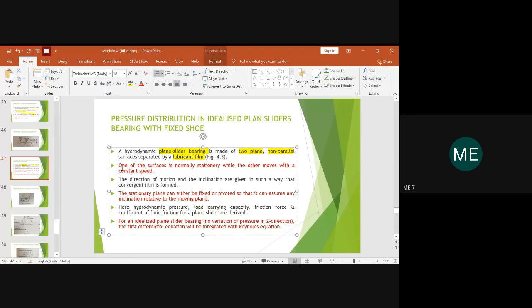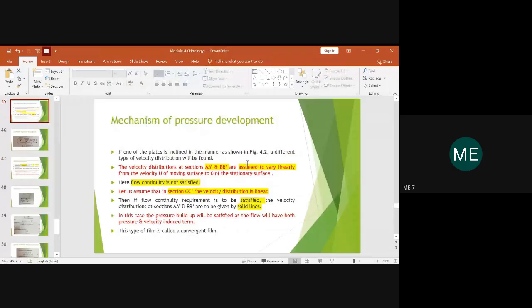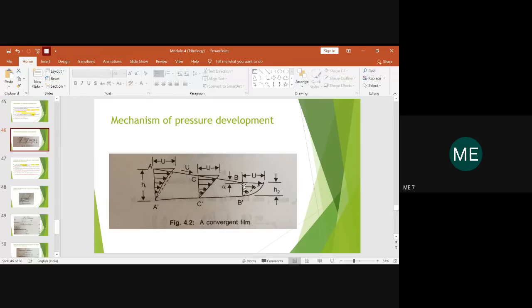Next, the assumption here is that one of the surfaces is normally held stationary while the other moves with a constant speed. The same thing. I explained how the pressure distribution happens, right? Even though the moving surface is inclined, it will move with a constant velocity here.